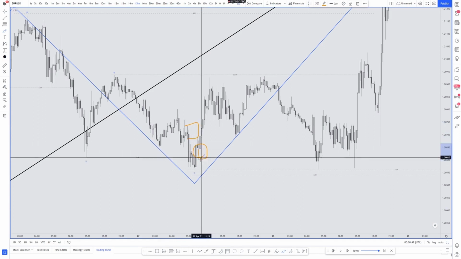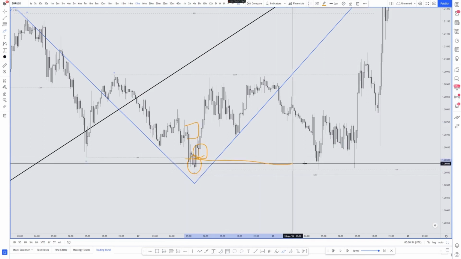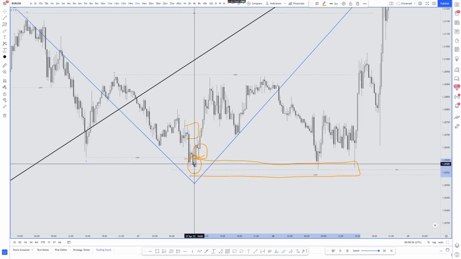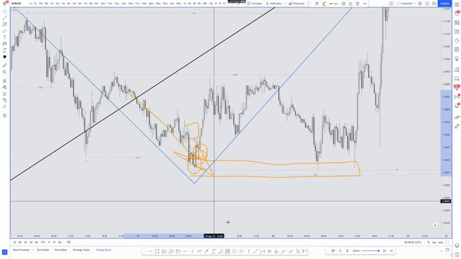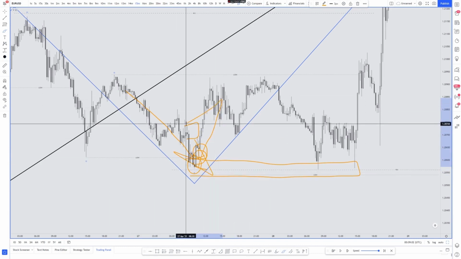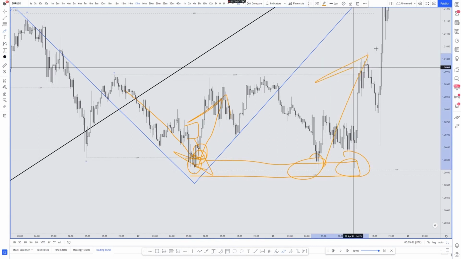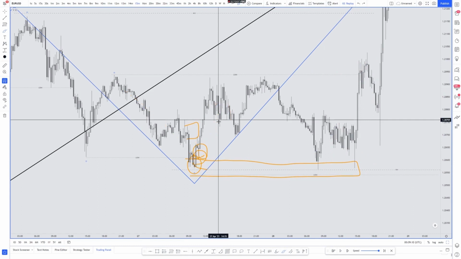One would be this wick, the second would be the doji below. As you can see, they came back and retested the area that caused the flip. The flip is basically where the bears lost momentum, the bulls took over, and ultimately we'd be looking in these areas to take it back on up as we're trying to realign with the higher time frame trend again.